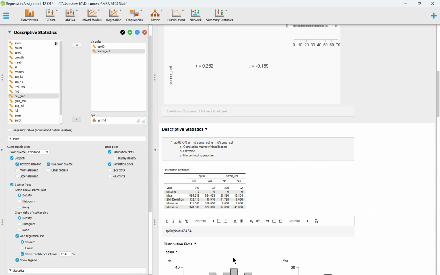This is the standard deviation of 132.11. I do that calculation real quick. 684.54 minus 132.11.